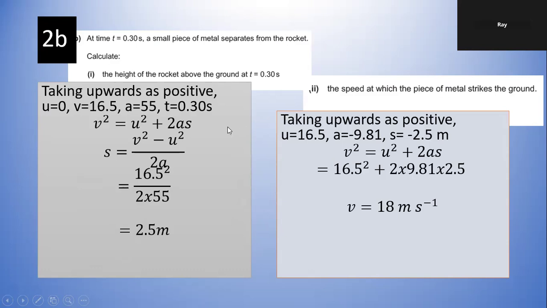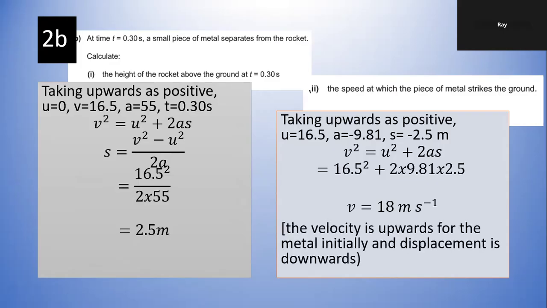This one, the speed at which the piece of metal strikes the ground. So it has a speed initially, and this acceleration is negative because we take upwards as positive, and then this is downwards. That's why I put a negative sign there. Okay, then we carry on. Velocity is upwards for the metal initially, and displacement is downwards.